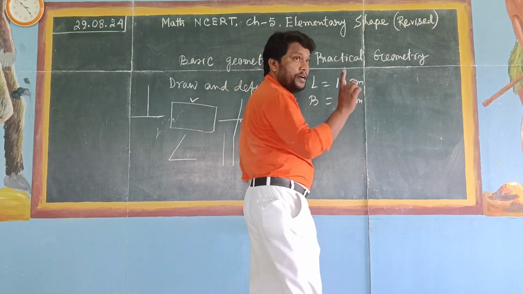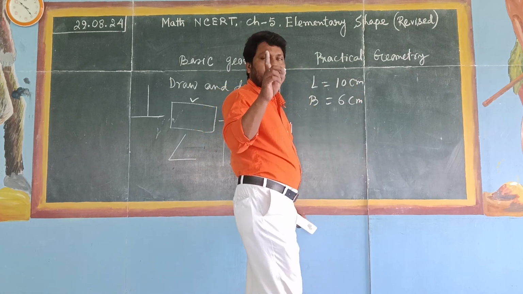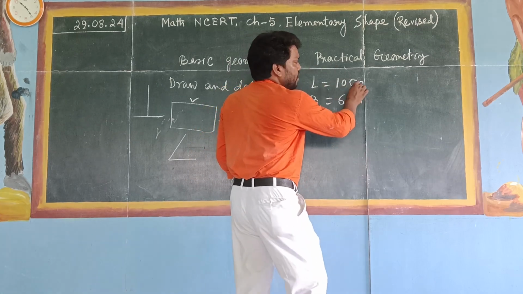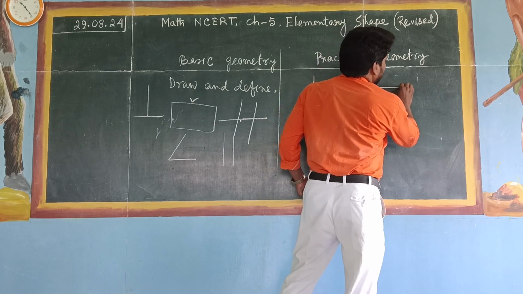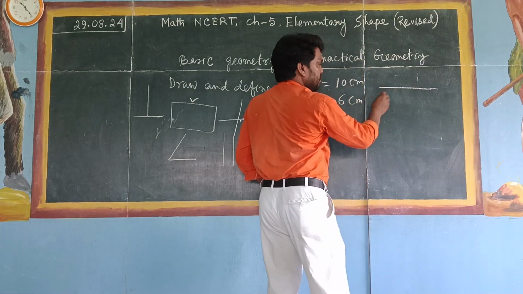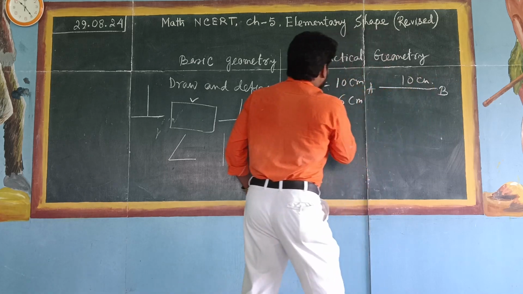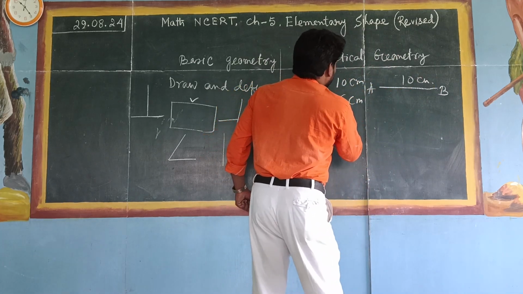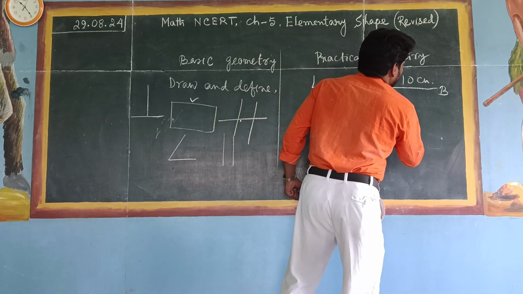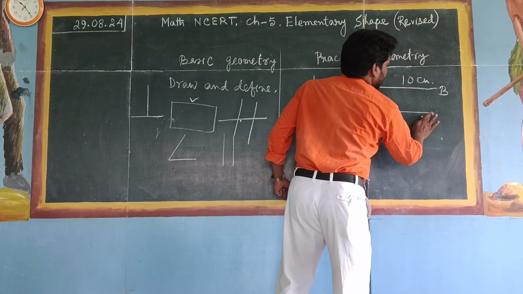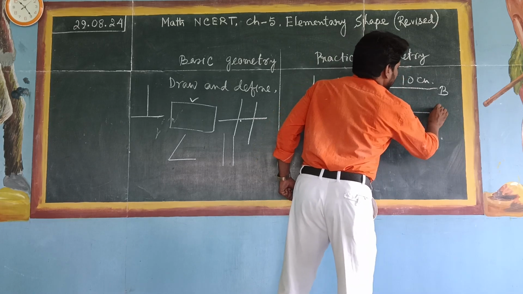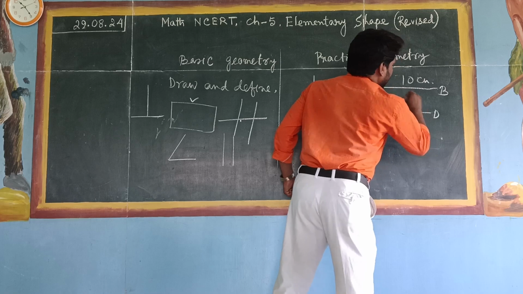At first, with a scale, you draw two line segments. Suppose AB is 10 centimeter with the scale. Then BC, suppose the breadth, CD is 6 centimeter.